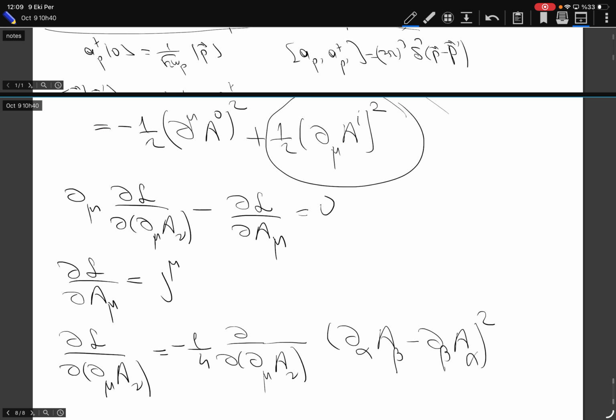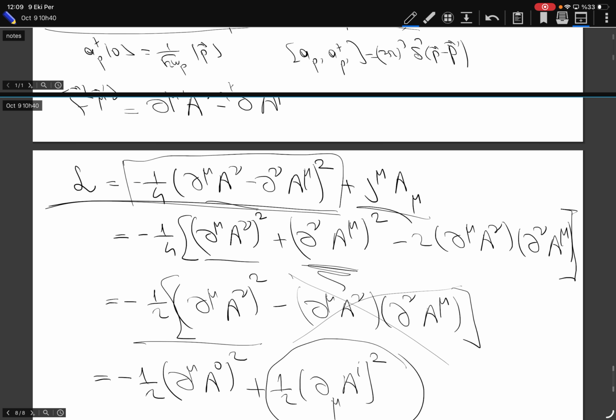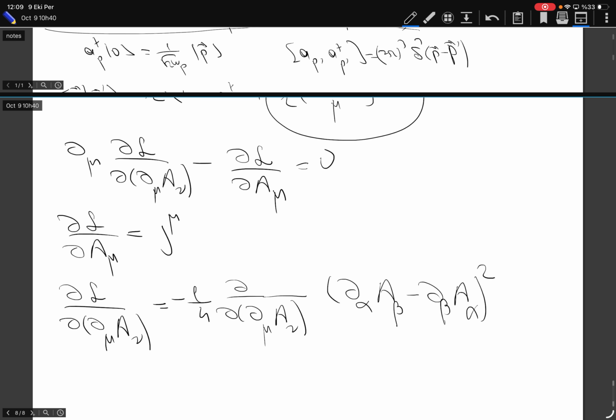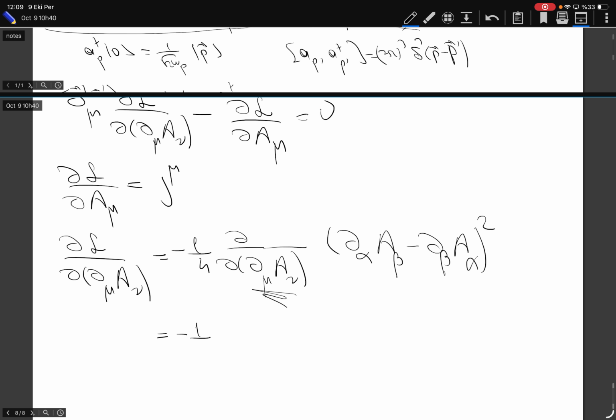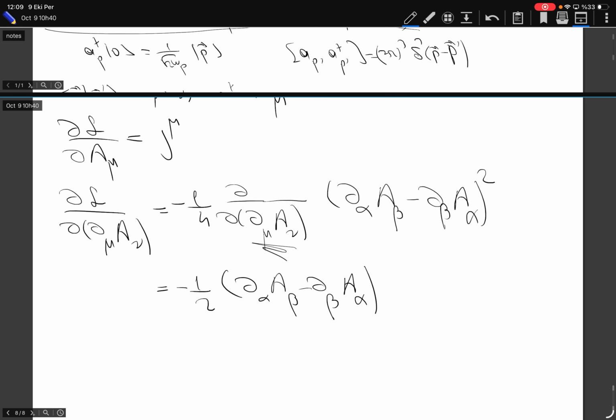Now the mu and nu appearing in this Lagrangian are the dummy indices. I shouldn't confuse them with my explicit indices, so I just change the name of my dummy indices to some other name. Now this will be minus 1 over 2 (del alpha A beta minus del beta A alpha), times the derivative with respect to del mu A nu of (del alpha A beta minus del beta A alpha).